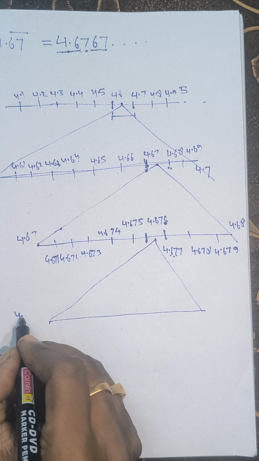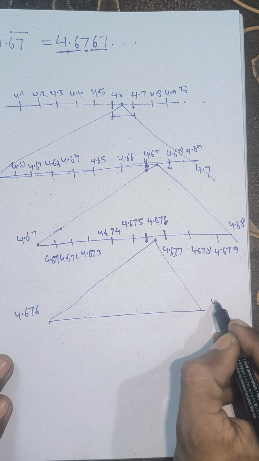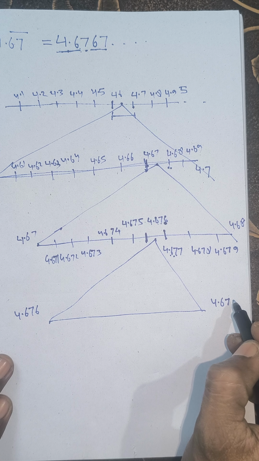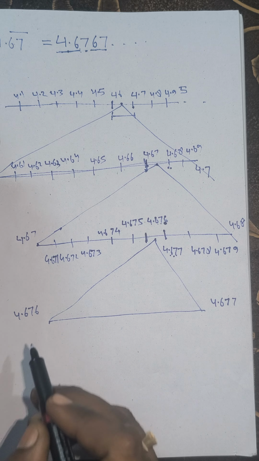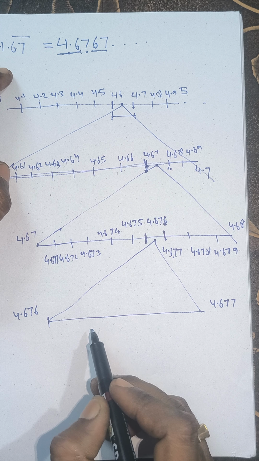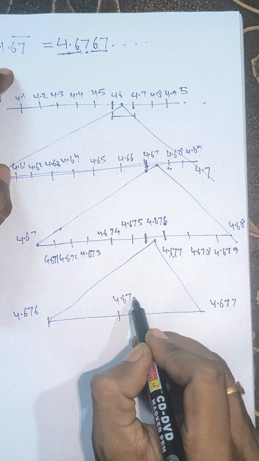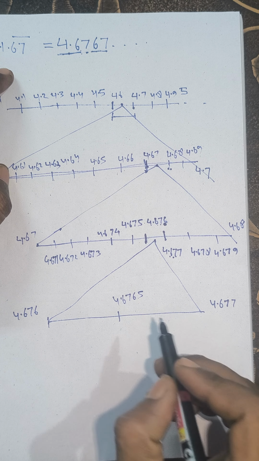This is 4.676 and this is 4.677. Now we need to find. Here we will have 4.6765 at the middle point.